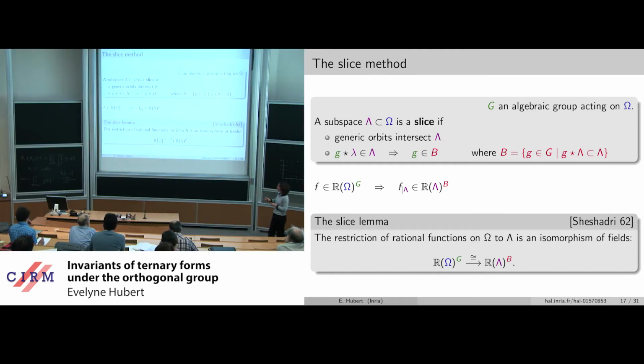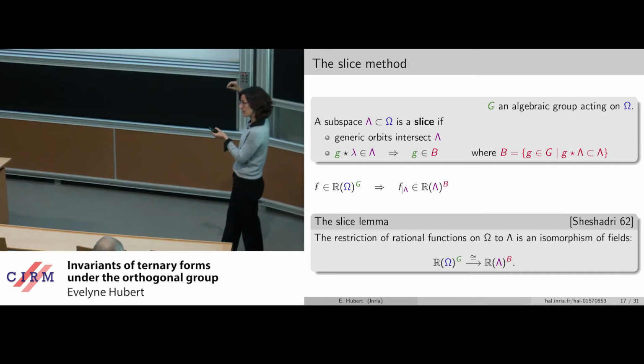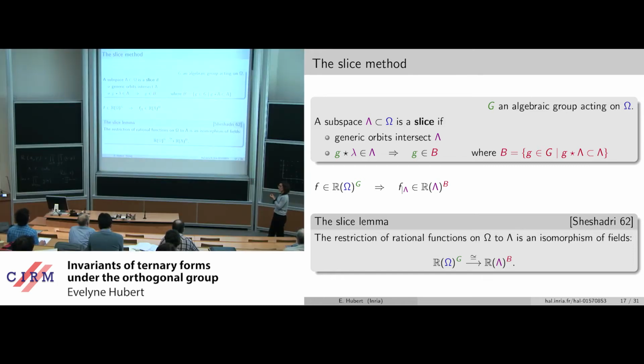We ask that if an element in this section has its orbit with another point of intersection with this section, then the way to go from this point to the other can be done with a group element that belongs to a subgroup B, which is exactly the subgroup that leaves this section invariant.